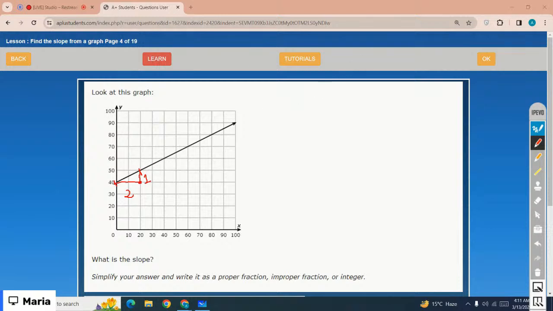2 squares. So the slope is always change in y divided by change in x. That means the slope of the graph is 1 over 2. Got it?